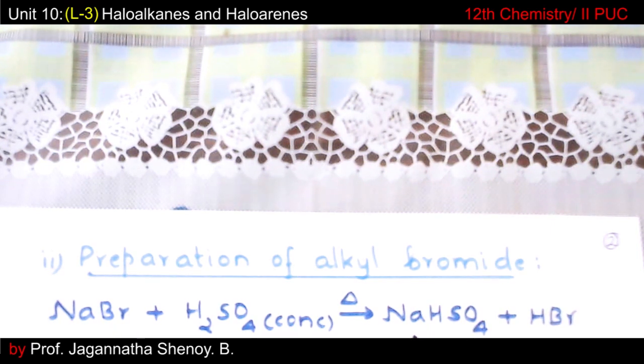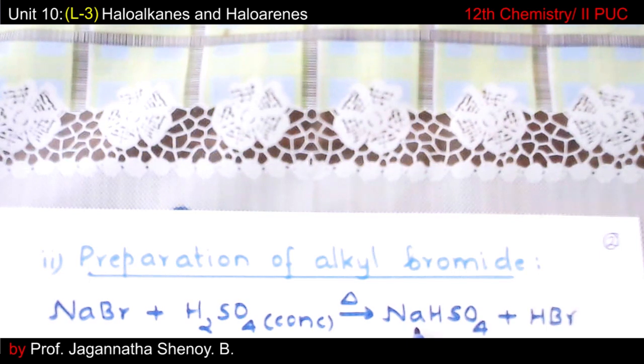Whether we are going to get NaHSO4 or Na2SO4 depends upon the temperature employed. If the temperature is greater than 180 degrees Celsius, we get Na2SO4, and below 180 degrees Celsius, we get sodium bisulfate.